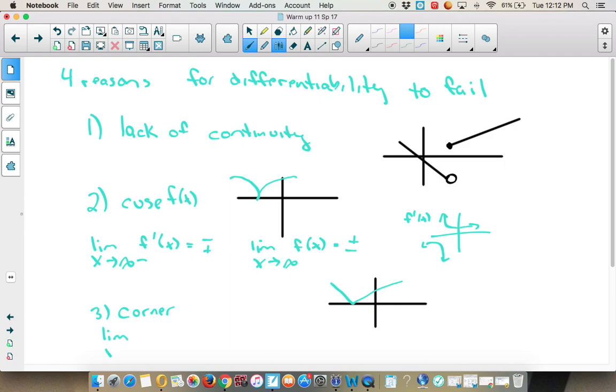So the limit as x approaches infinity from the left of my function is equal to negative b, or a negative slope. Let's just say b, because b can be defined as negative or positive. So it's equal to a finite value.